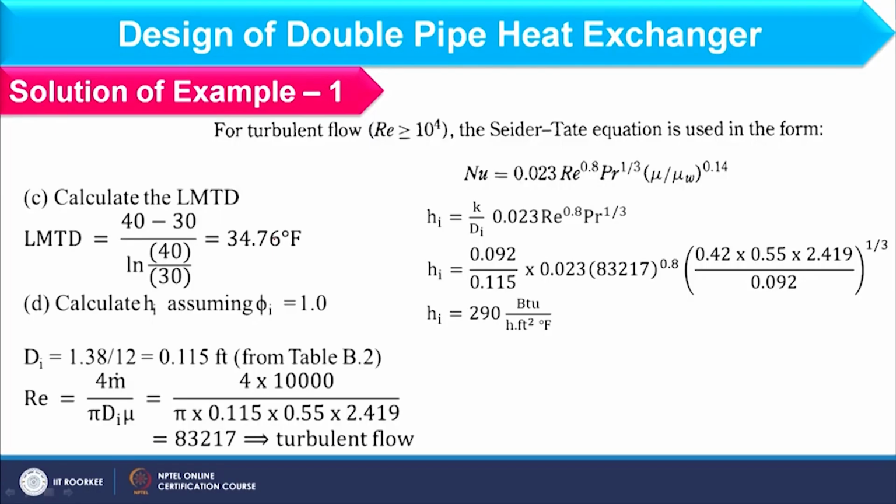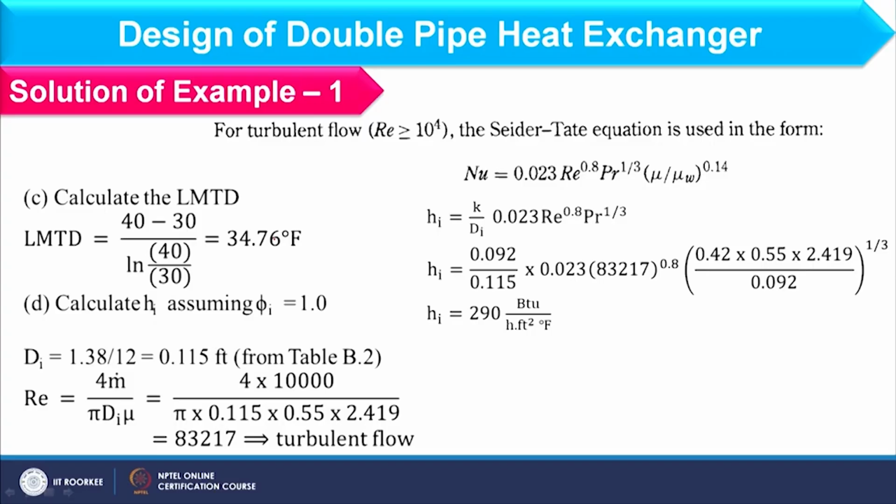Once I have the heat duty and flow rate of aniline, we will next calculate the log mean temperature difference, and you understand here that I am considering counter current flow.